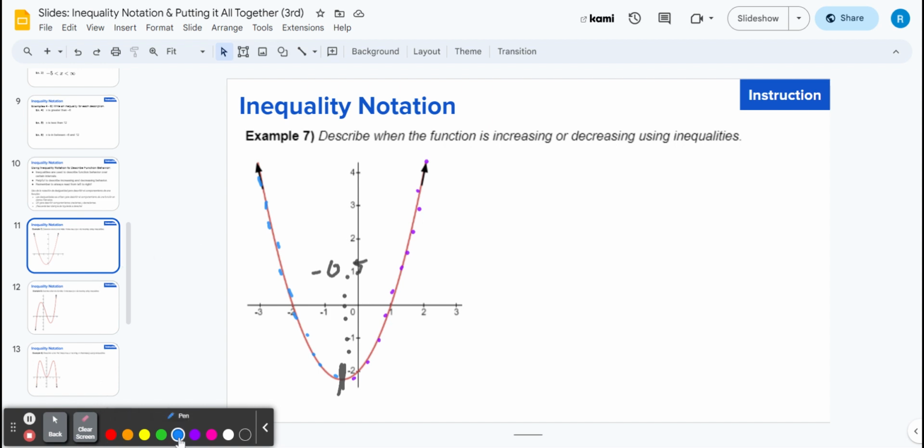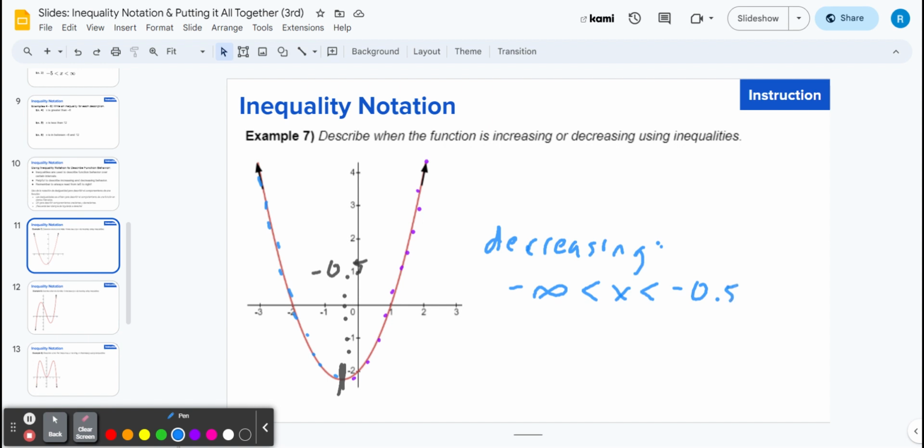So we are decreasing. I'll put that one second. We are decreasing from negative infinity, so all the way on the left, our graph is decreasing, negative infinity is less than x, is less than negative 0.5.